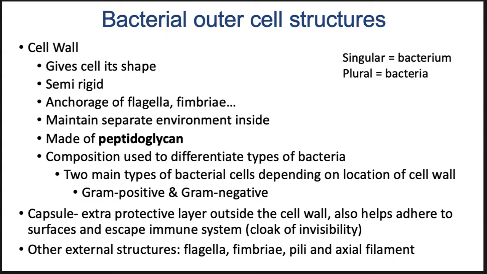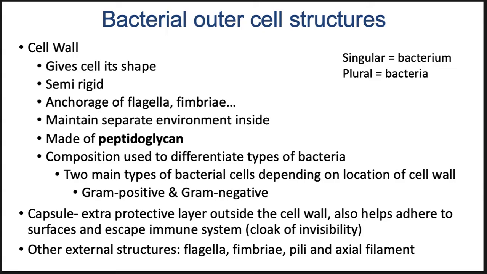Flagella and other structures like fimbriae attach to the cell wall. This helps maintain the separate environment between the outside and the inside, in addition to the plasma membrane. And all bacterial cell walls are made up of peptidoglycan. Composition is used to differentiate types of bacteria, as I mentioned, gram-positive or gram-negative.